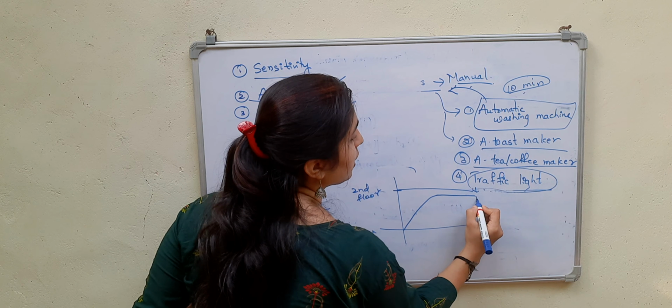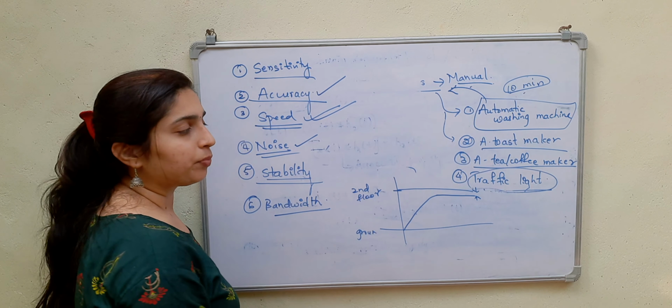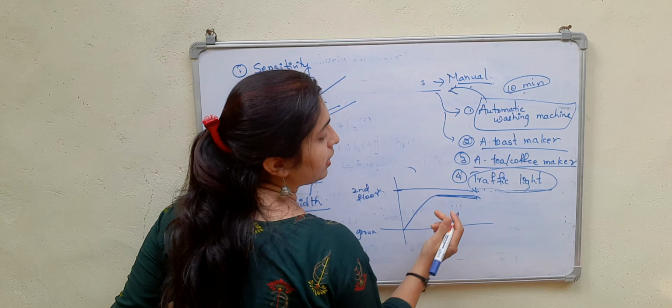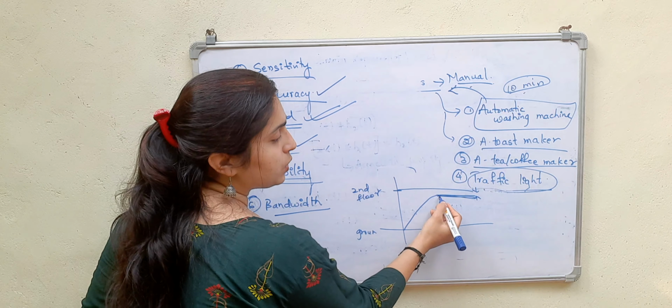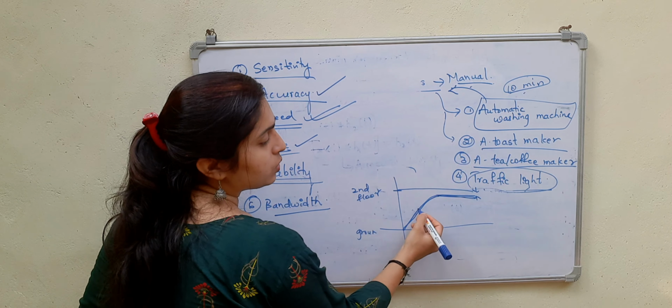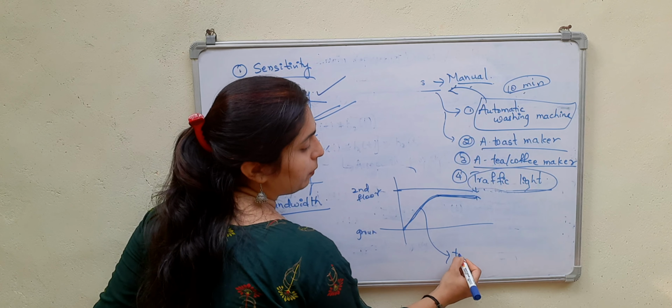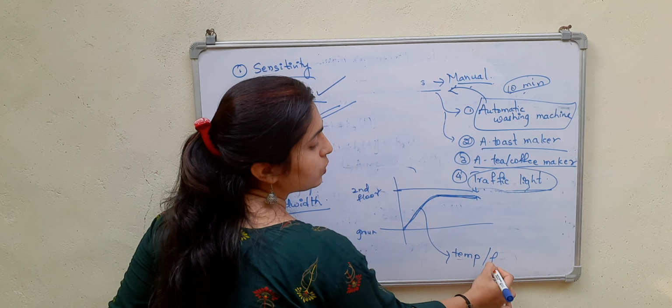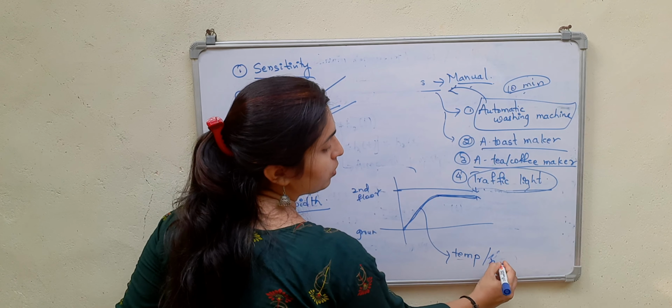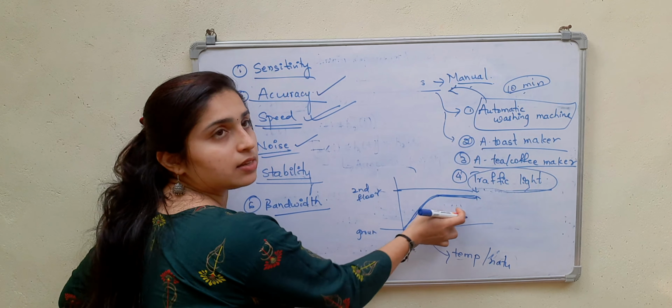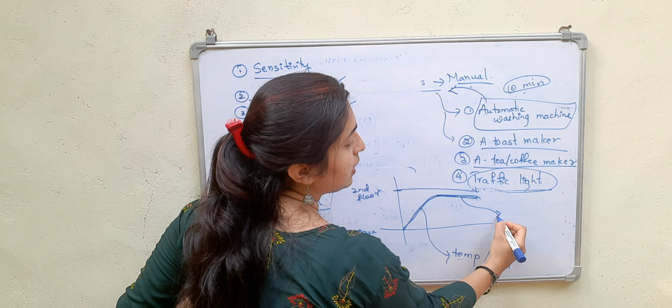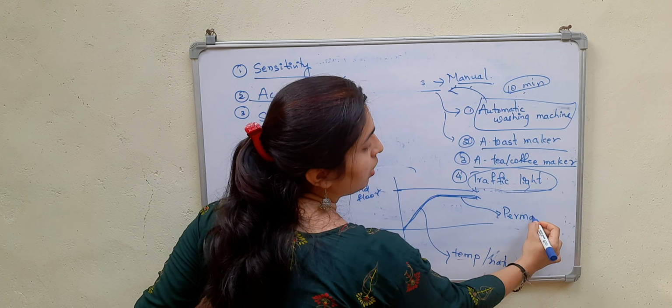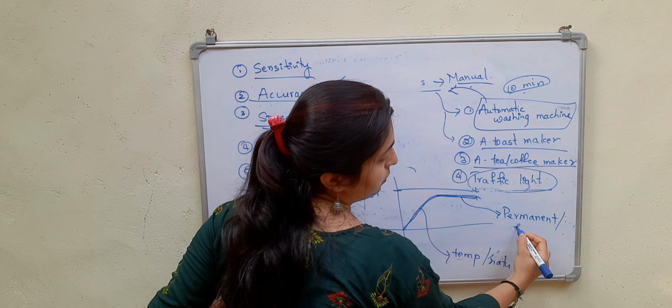The difference between this and this is called error. And this is your steady state response. This is your transient response. So the transient response will be your temporary response. This is also called natural response. And this steady state response is your permanent response, or it is also called the forced response.